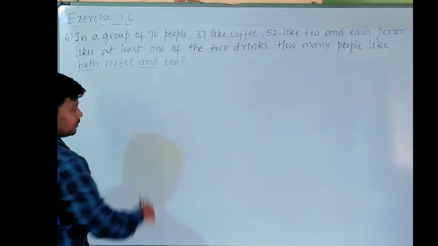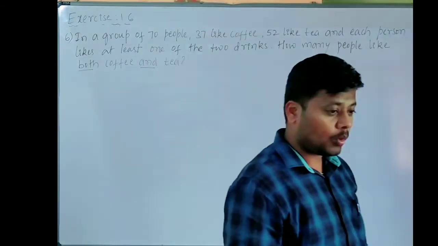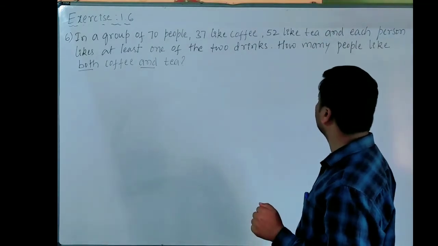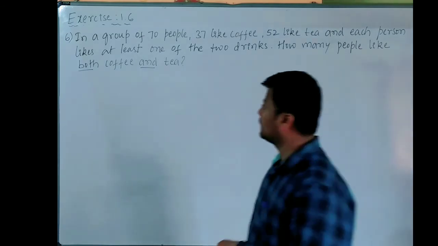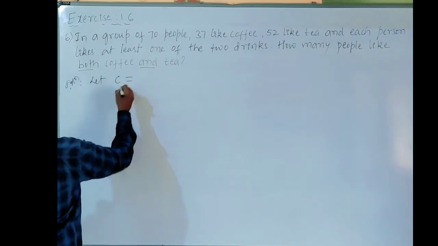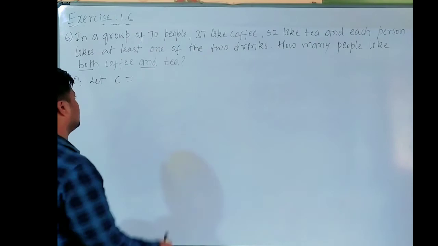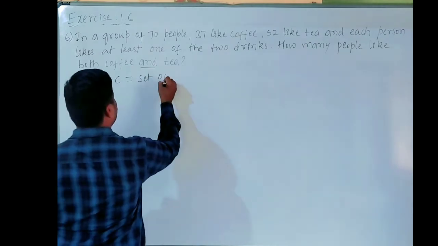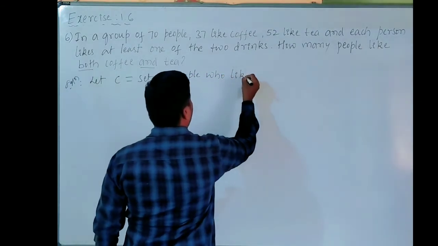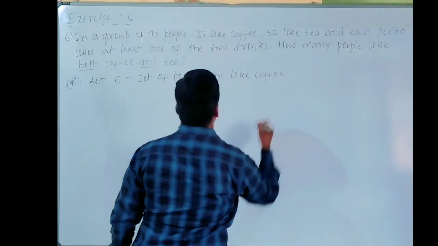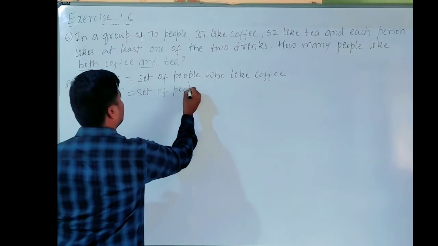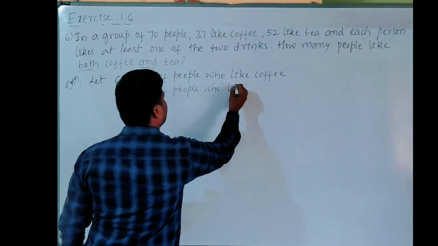Okay, first we have to define what is the set of people who like coffee and what is the set of people who like tea. Okay, solution. Let C be the set of people who like coffee and T the set of people who like tea.